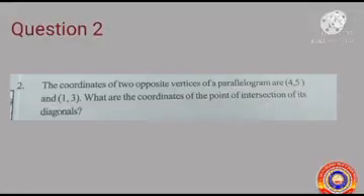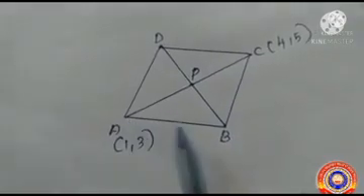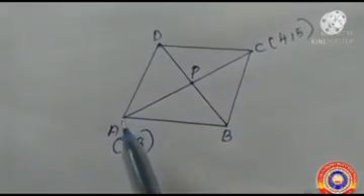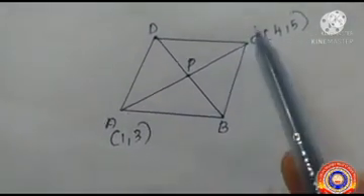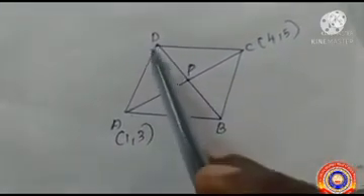Next, question number 2. The coordinates of two opposite vertices of a parallelogram are (4, 5) and (1, 3). What are the coordinates of the point of intersection of its diagonals? Here ABCD is a parallelogram with opposite vertices (1, 3) and (4, 5).